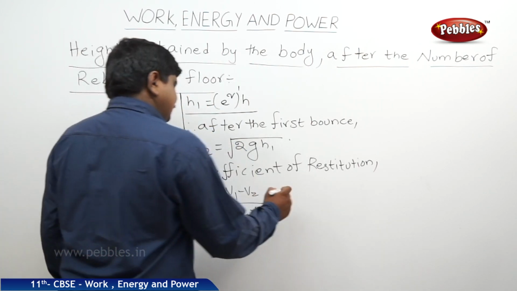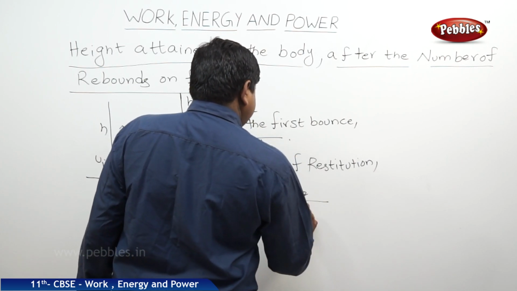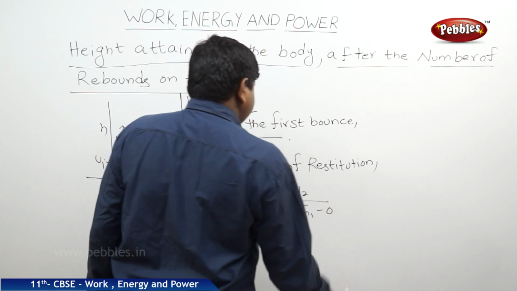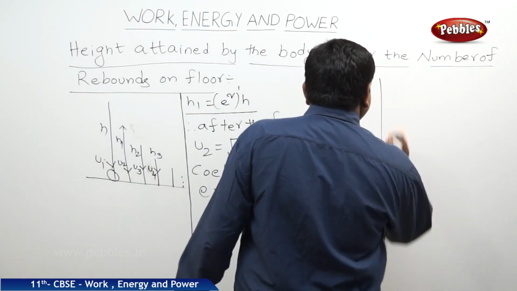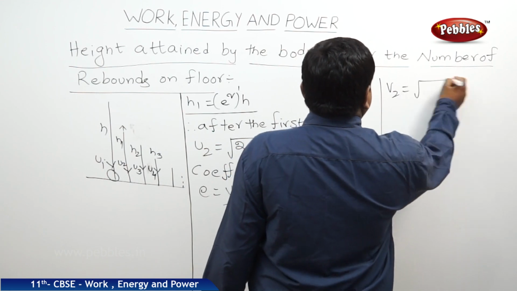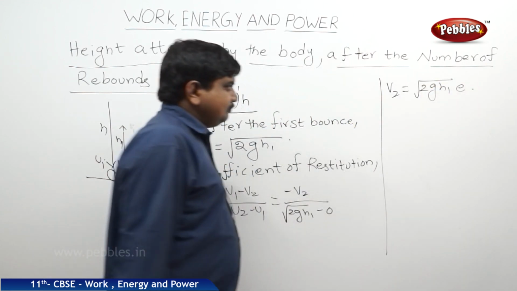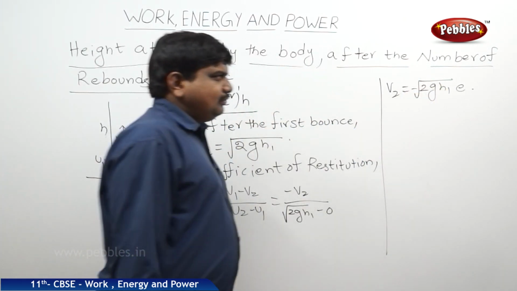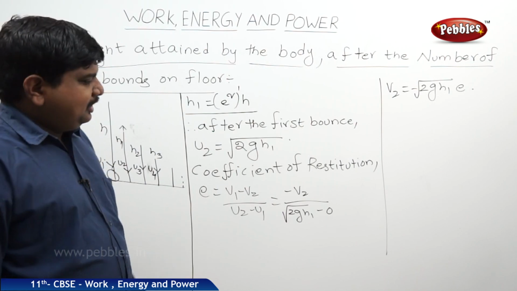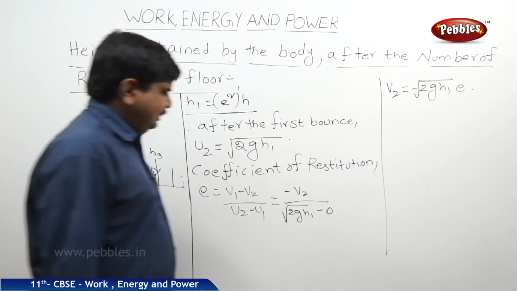So we know that v1 is 0, therefore it is minus v2 by u2, which means root 2gh1, minus 0. So automatically v2 is equal to root of 2gh1 e, or we can say that v2 is equal to minus root of 2gh1 e.